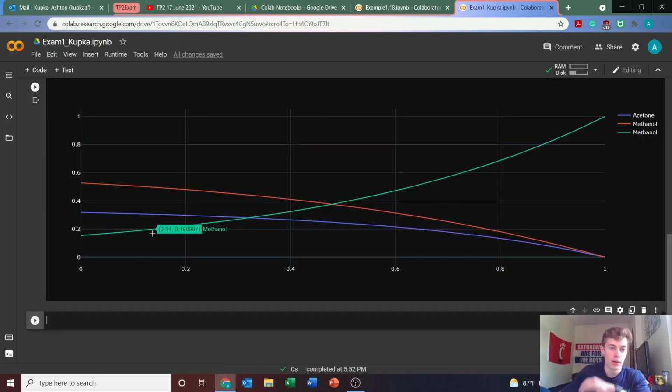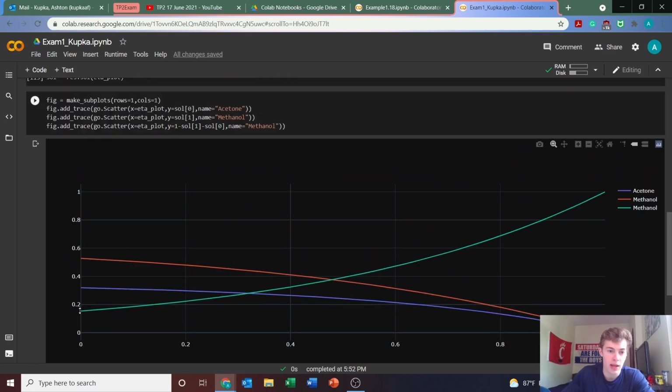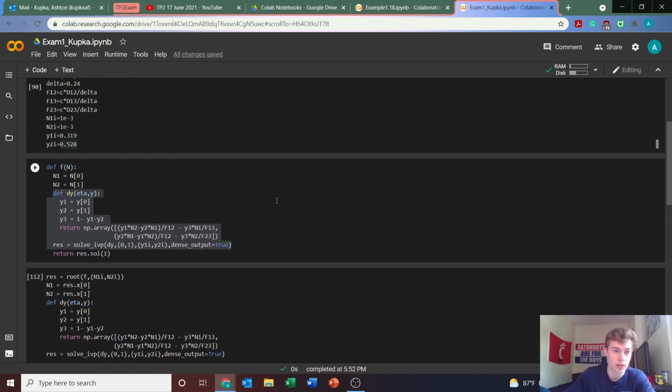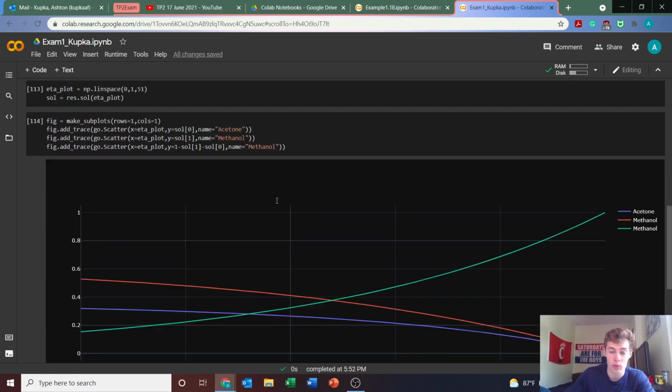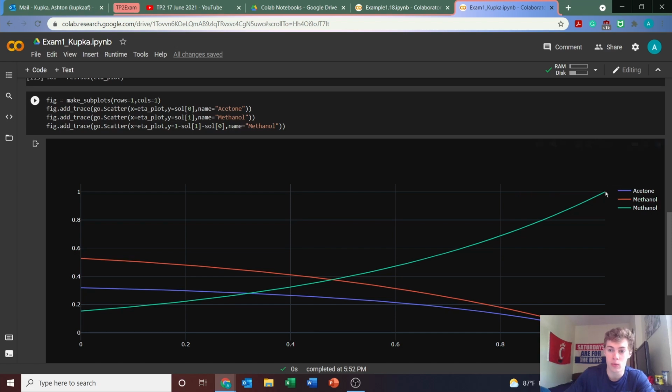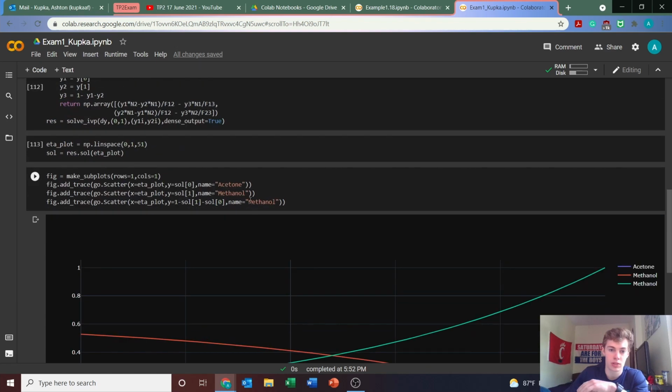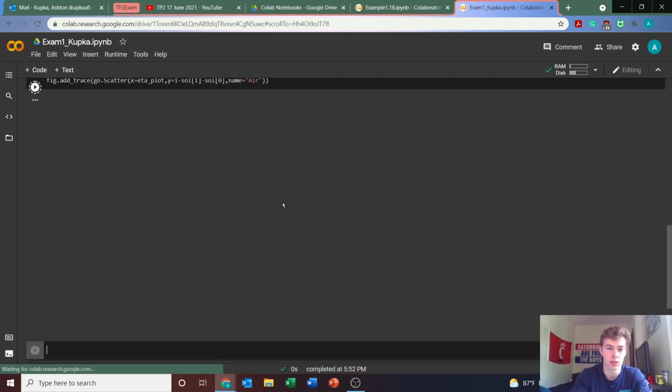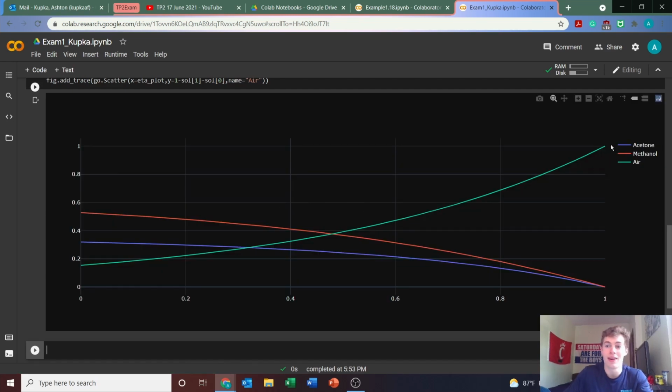Alright, now if you can see on this graph, at the very tippy top, at 0.24 meters, we have our mole fraction of, oh, whoops, I forgot to change this to air, because that would not make sense. Alright, now it makes sense.